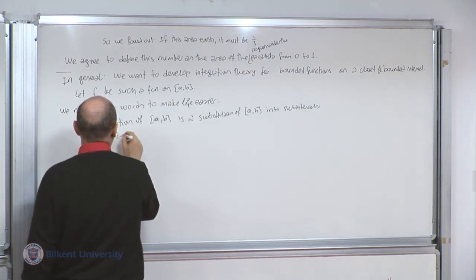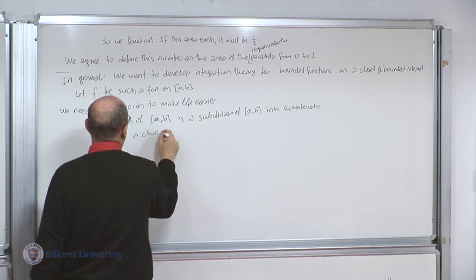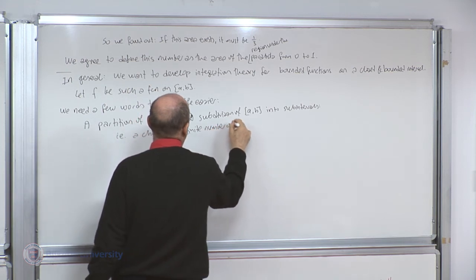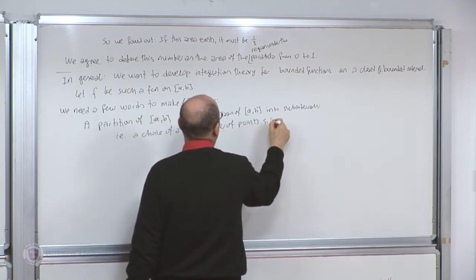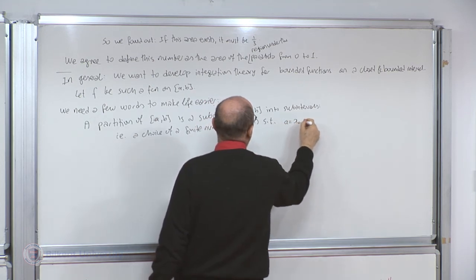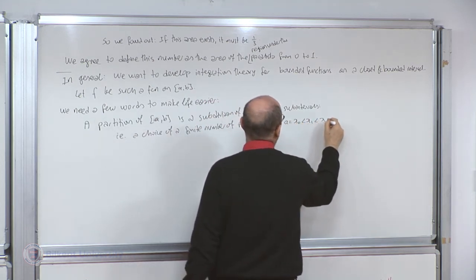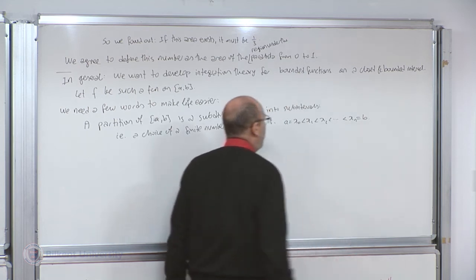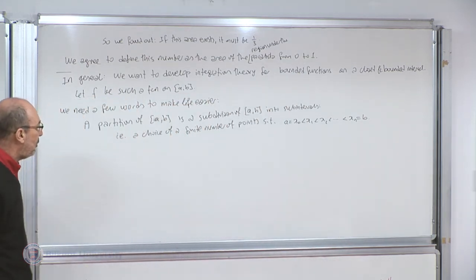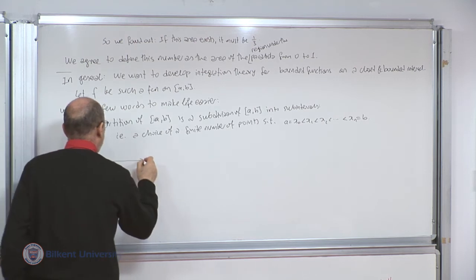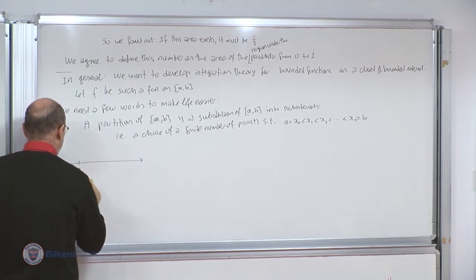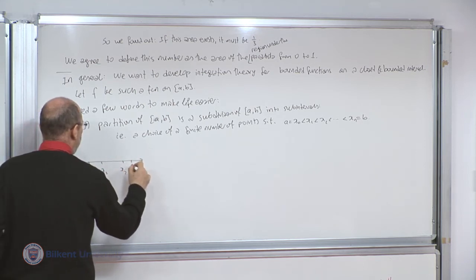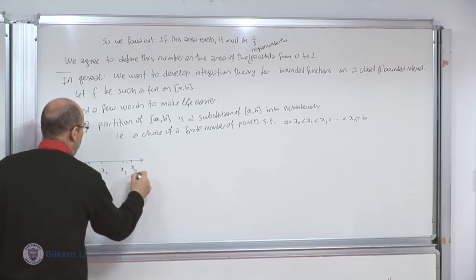That is a choice of a finite number of points such that a is x sub 0, then x1 is strictly larger than that, x2 is strictly larger than that, and everything is strictly less than xn, which we fix to be b. Okay? So the picture, everything is a picture. So a is x sub 0, then you have x1, x2, then maybe x3 is here, and this is xn. Okay, so this is b.